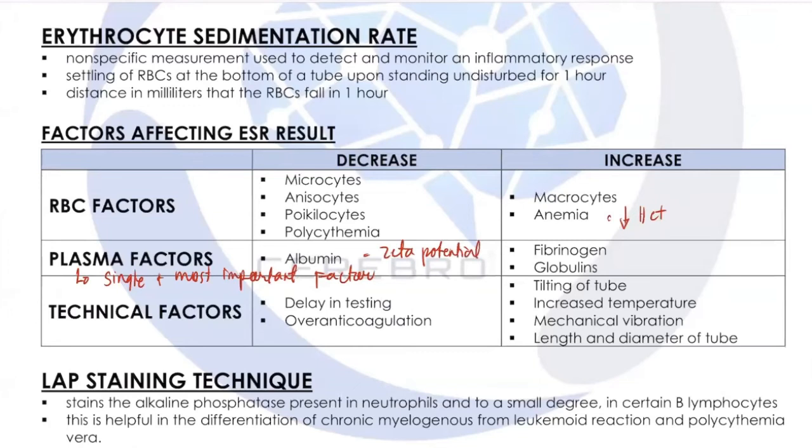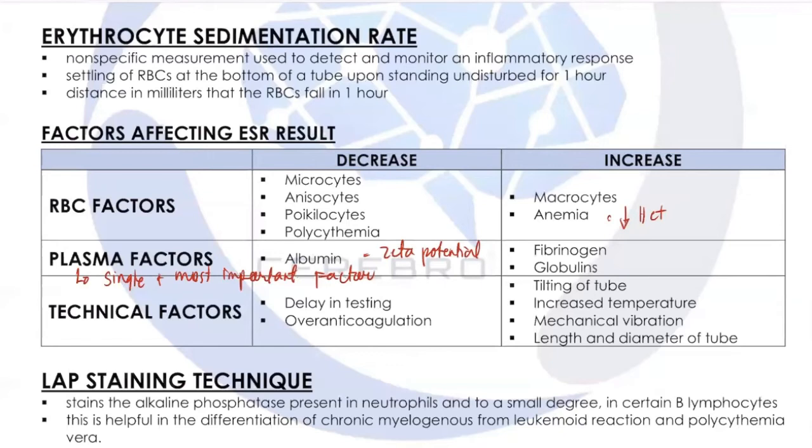And that means your albumin basically will prevent Rouleau formation. In contrast, fibrinogens and globulins are proteins that are actually decreasing the zeta potential. These are proteins that are promoting Rouleau formation, and thus increasing ESR.